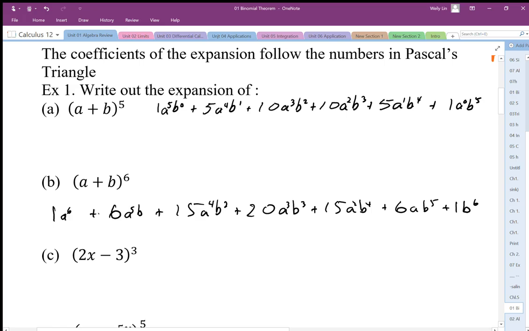So there it is. There's my expansion. I don't have to FOIL out and combine a whole bunch of like terms. The coefficients have the like terms all combined. This is a much more efficient way of doing this expansion.